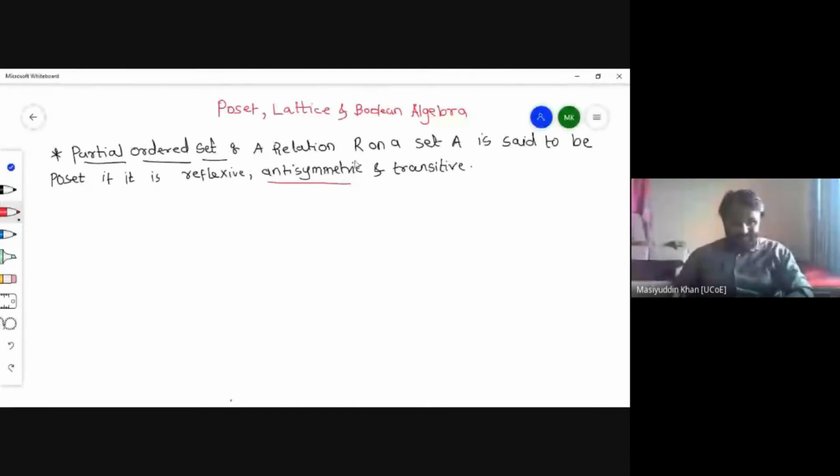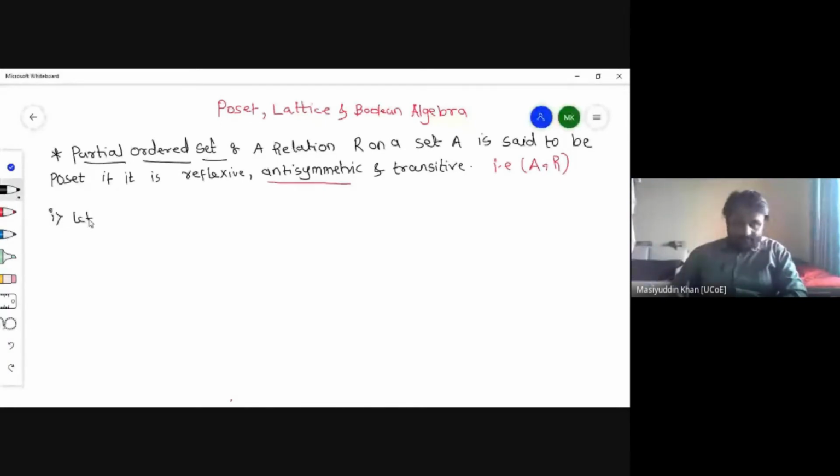Always remember this representation I'm writing here: partial ordered set on a set A. R is a partial ordered set of A. So, or we can say directly a poset, that is a partial ordered set. So just taking one simple example here so you will understand.